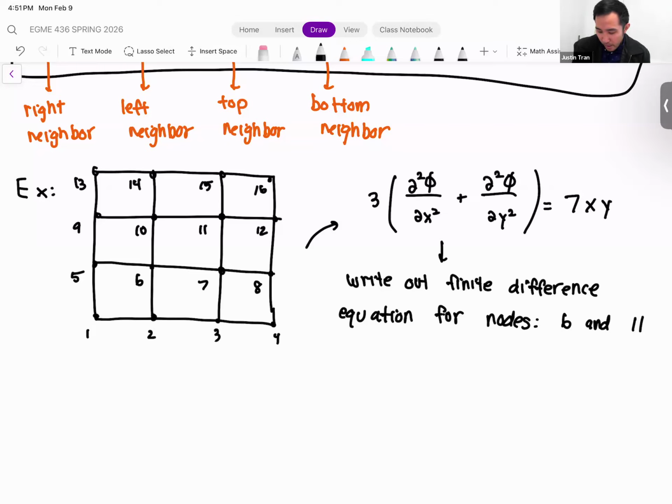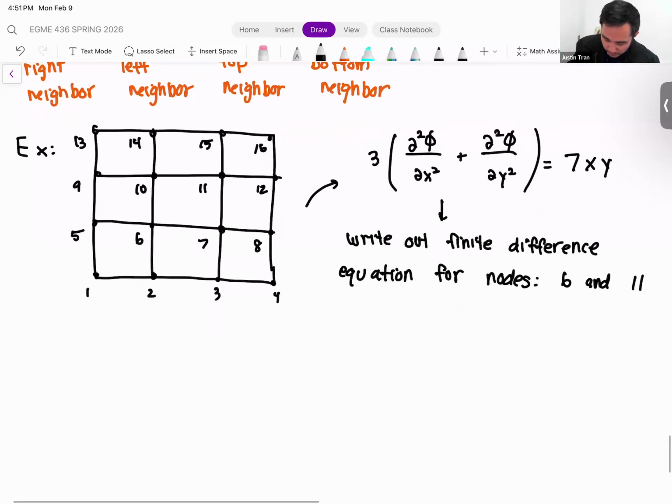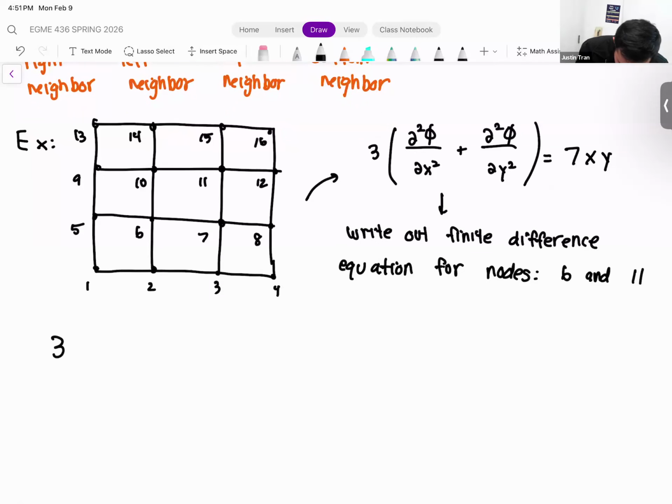So let's first take our differential equation and discretize it. Just like we did in the generic terms, let's replace each of our derivatives with a finite difference. So we have 3, which is just going to be along for the ride.